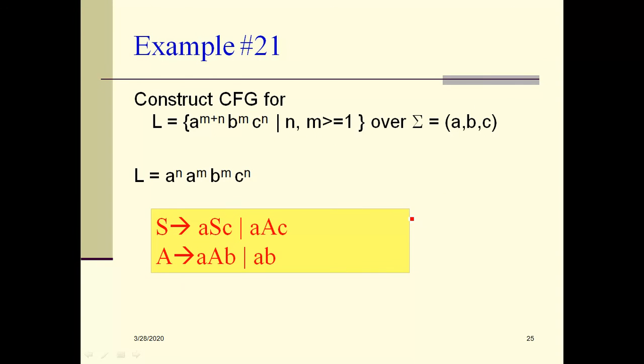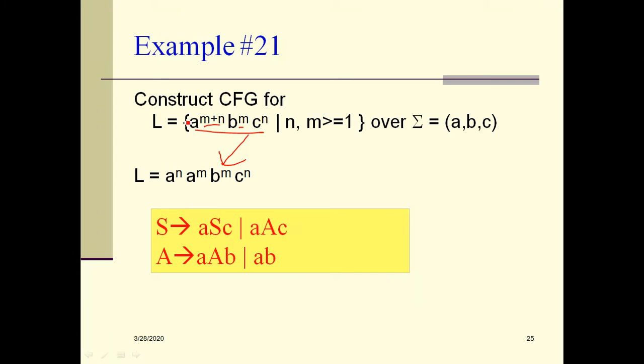So this is a simpler one. So consider this again. A raised to power m plus n. You see this, A raised to power m plus n, and m number of B's followed by n number of C's. So two things: the number of A is equal to the number of B plus the number of C, and all A first, then all B, and then all C, right? So this can be rewritten like this.